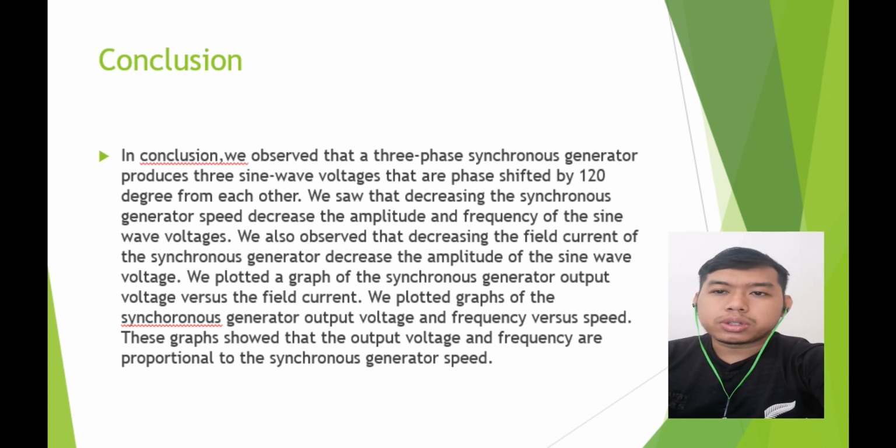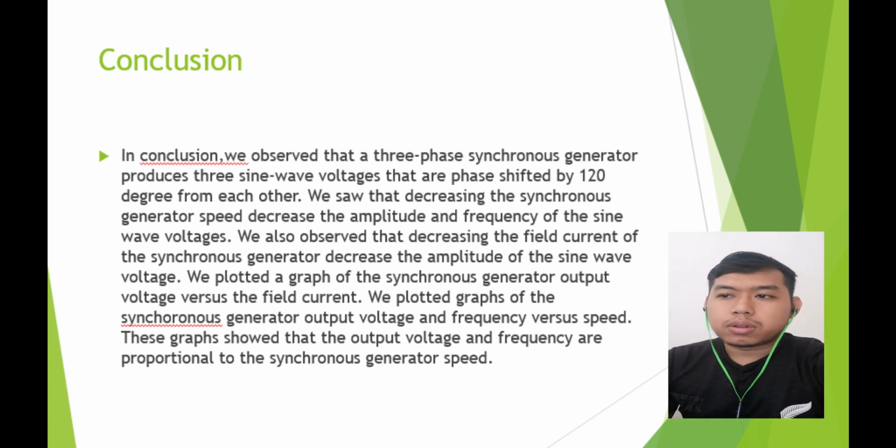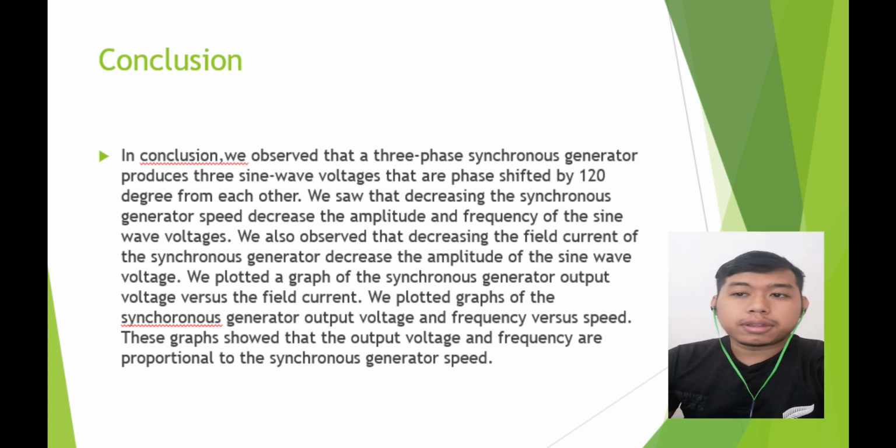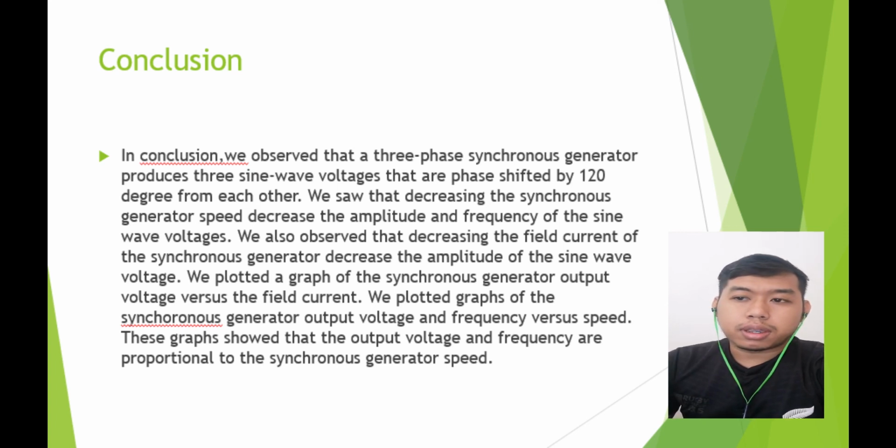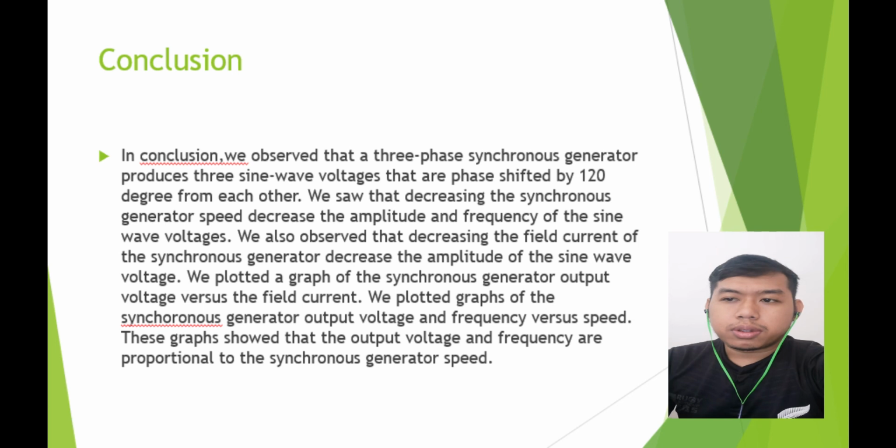So the conclusion is we observe that a three-phase synchronous generator produces three sine wave voltages. They are phase shifted by 120 degrees from each other. We saw that decreasing the synchronous generator speed decreases the amplitude and frequency of the sine wave voltage. We also observe that decreasing the field current of the synchronous generator decreases the amplitude of the sine wave voltage.